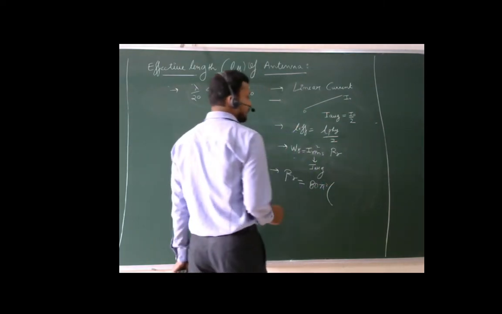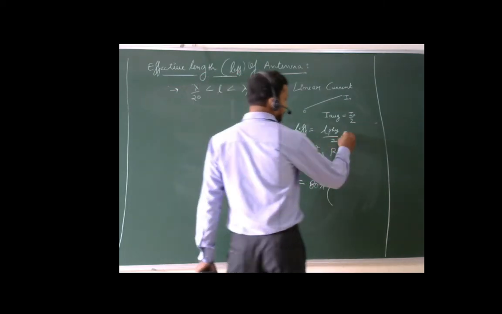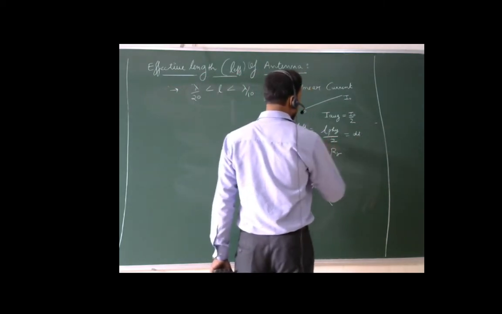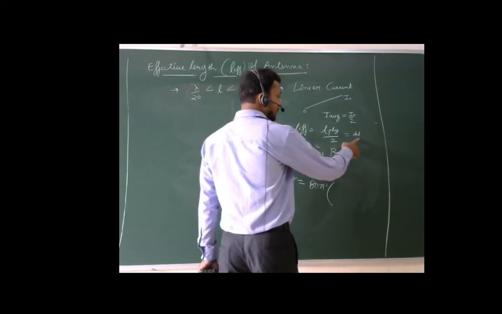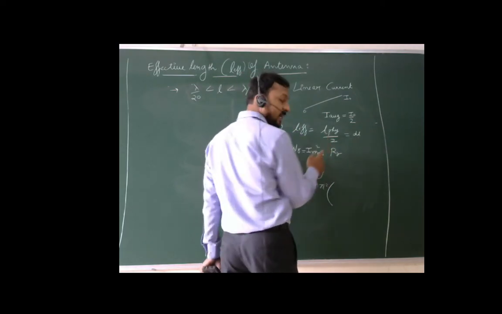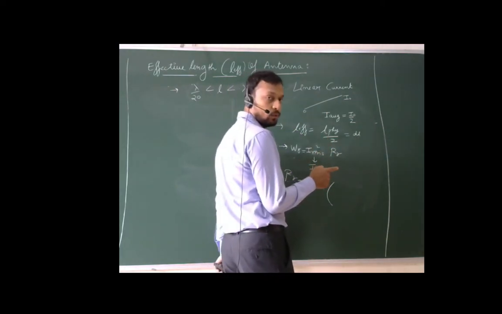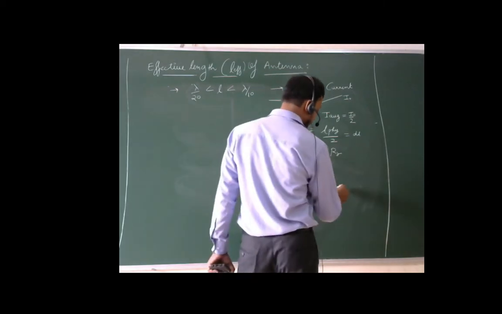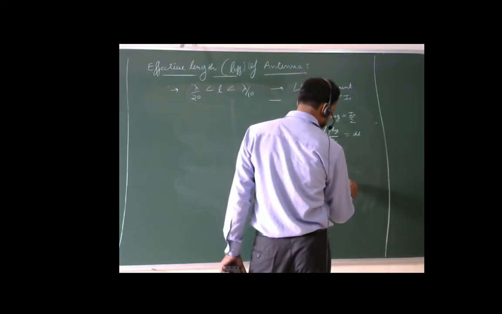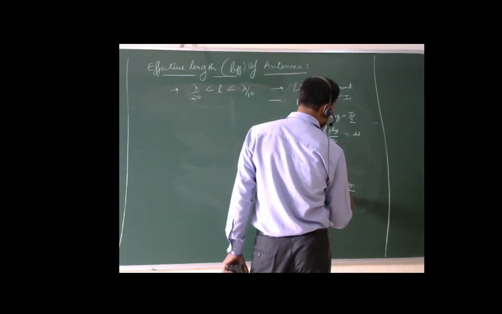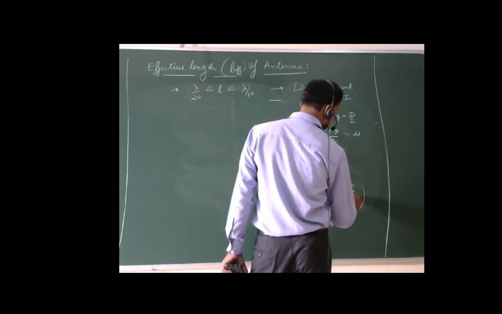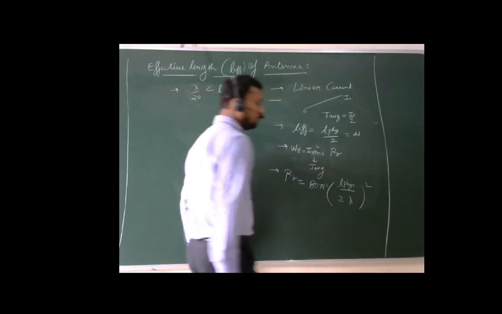So this dl becomes L effective, and in place of dl we put L physical by 2, into lambda whole square.